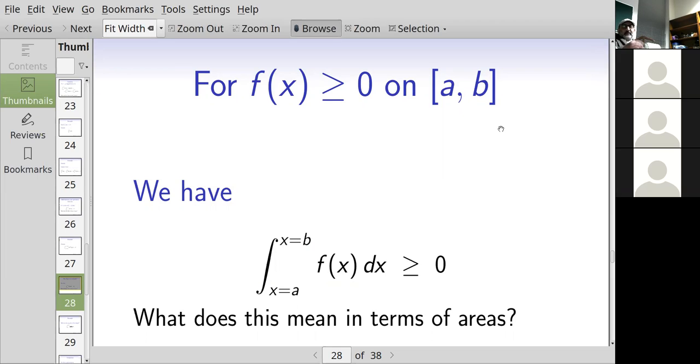That's because the rectangles all have non-negative heights. So if you add up all the areas of those rectangles, you won't get any negative numbers in there, so you can't get a negative answer. So if you integrate a function which only takes non-negative values from A to B, then the area under the curve will always be greater than or equal to 0.